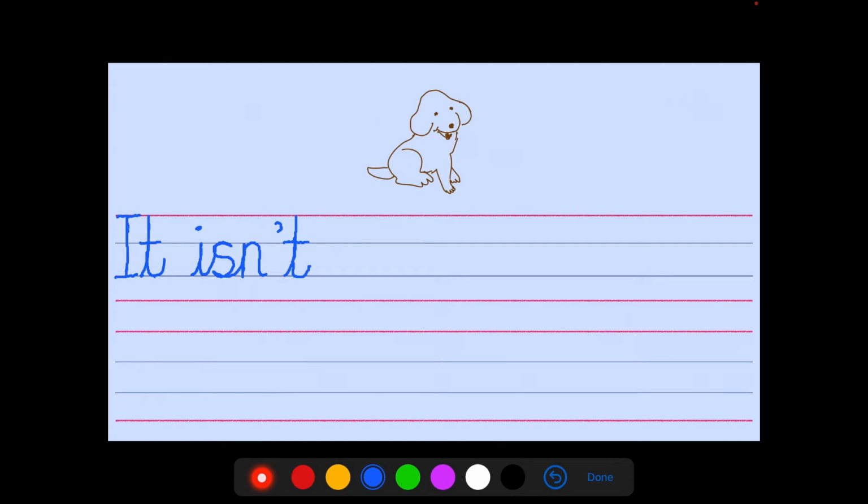It isn't Spot. Capital S again because it's his name. And this time I'm just going to put a full stop at the end. It isn't Spot. Practice writing isn't.